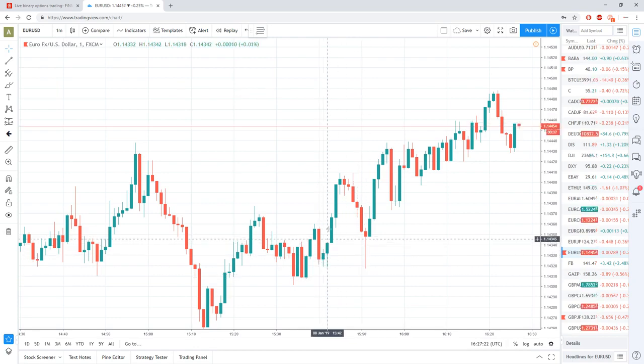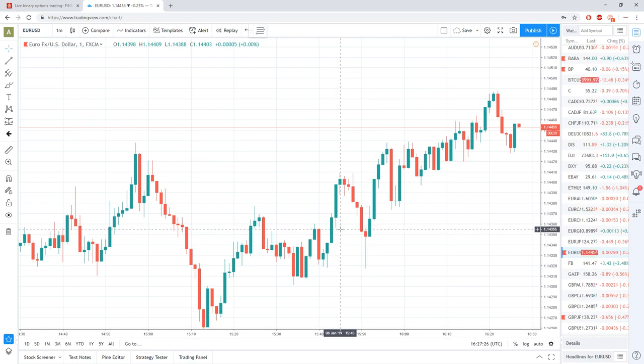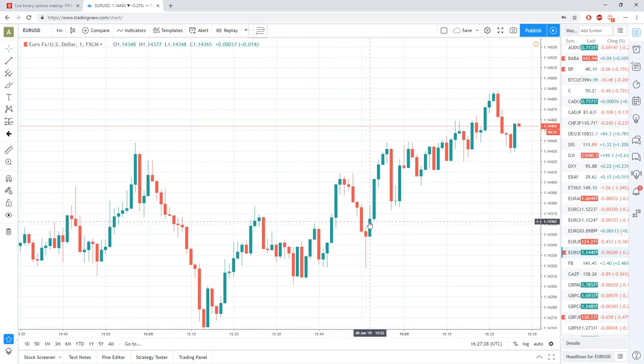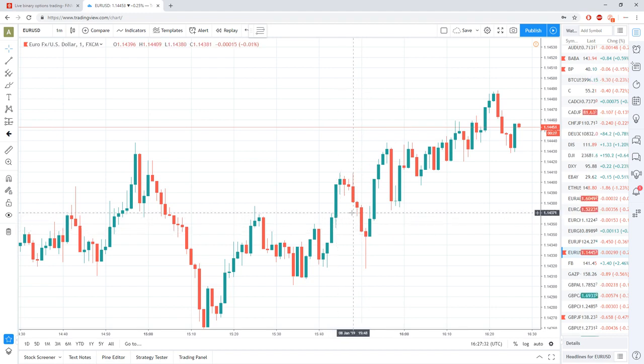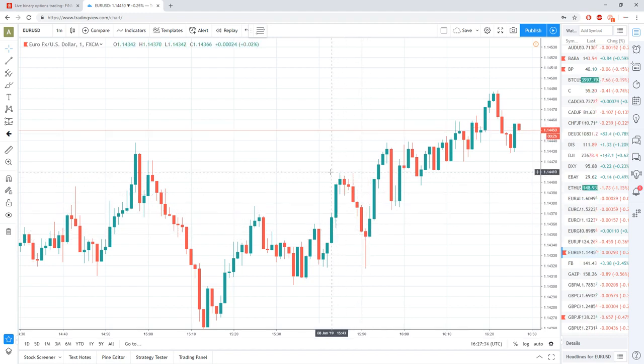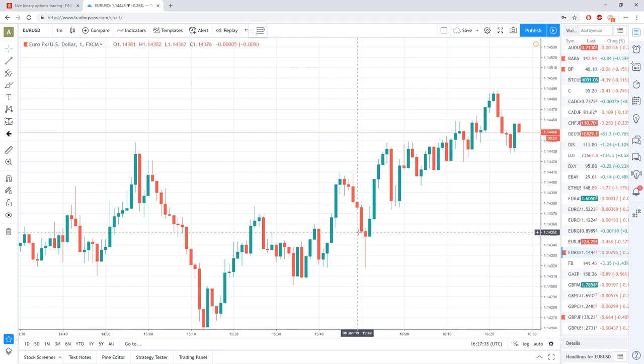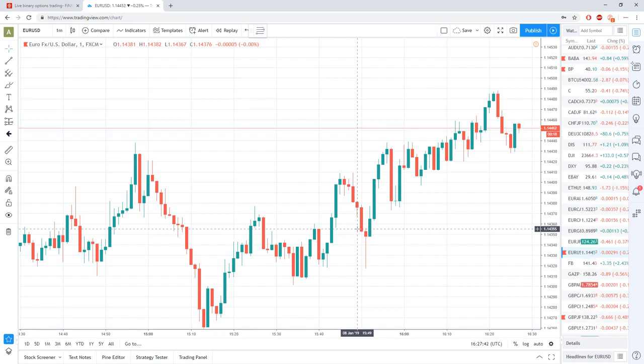The green ones are usually called bullish candles, or the candles that show growth. And the red ones show the drop of the price. So basically, they are called bearish candles.